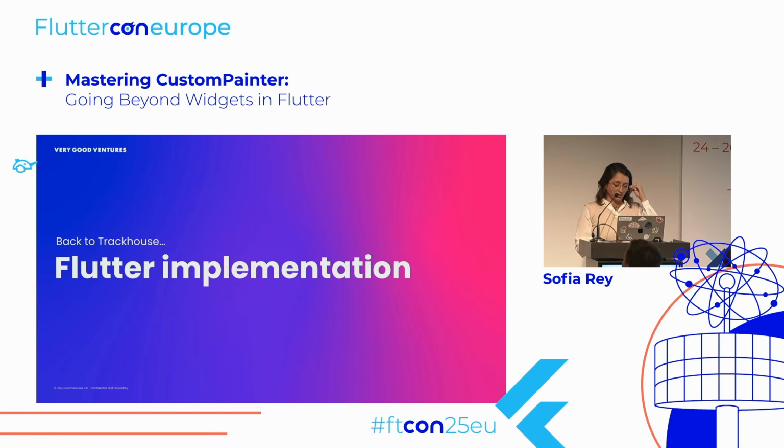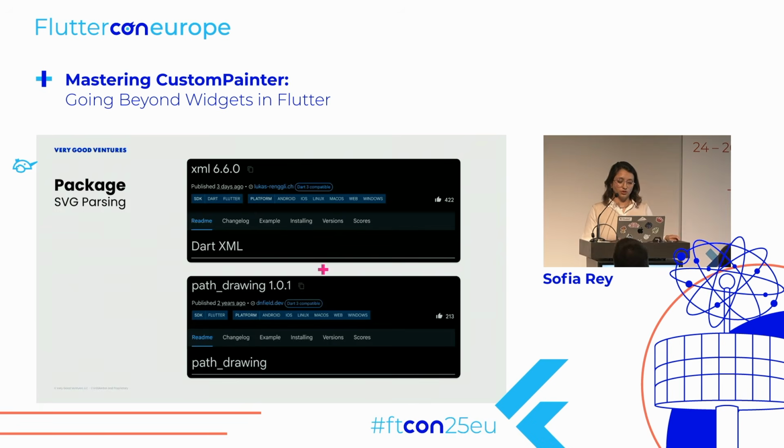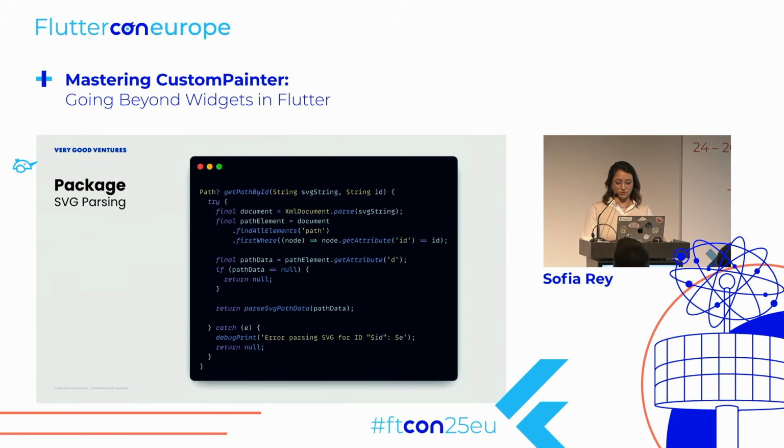So how do we implement this in Flutter? We want to have the track map converted to a path that we can use in Flutter. We can do this by using packages. I found the XML package and the path drawing package the best combination. So we will have the SVG as a string. We will do XmlDocument.parse on the SVG.